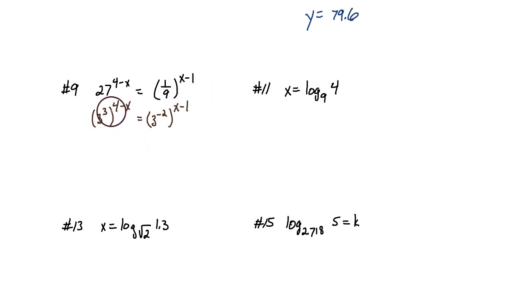Now use the rule about multiplying the exponents together. Keep the base and times these exponents. This is 12 minus 3x. On the right side, keep the base 3 and times the exponents. -2x plus 2. Because the bases are equal, the exponents must be equal.